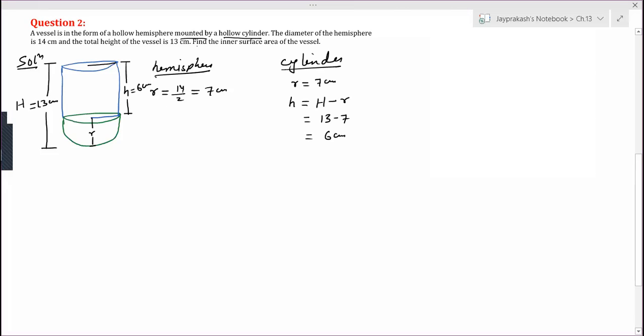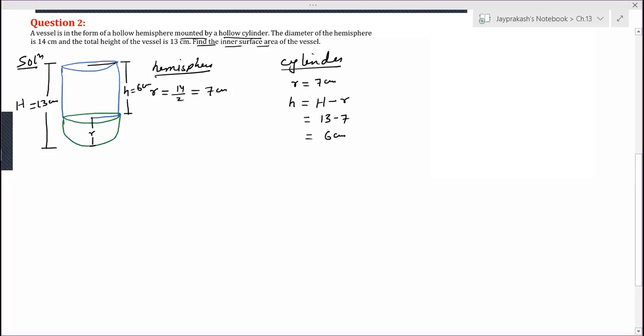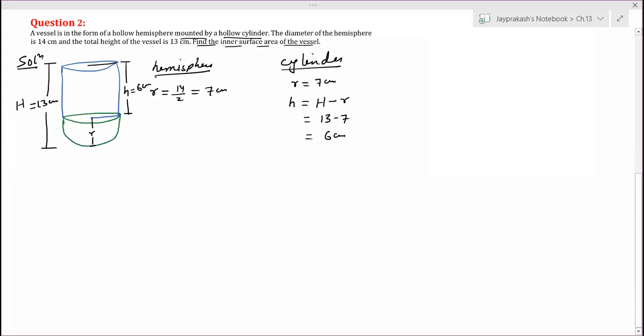Now it is given that we have to find the inner surface area of the vessel. So we will find the combined surface area.